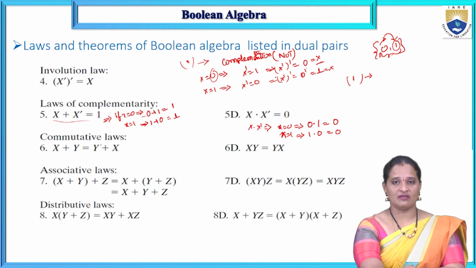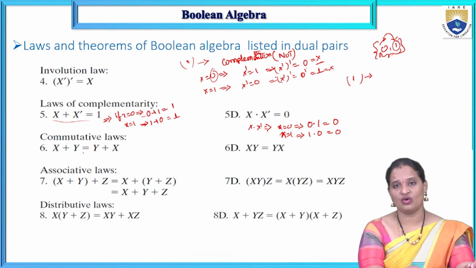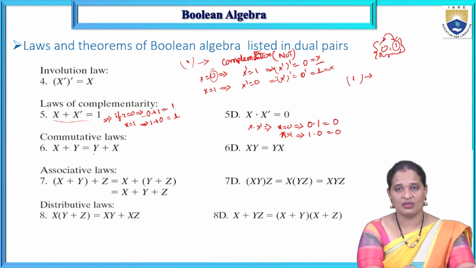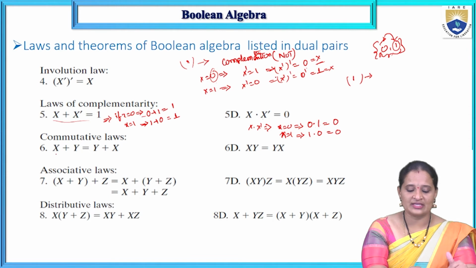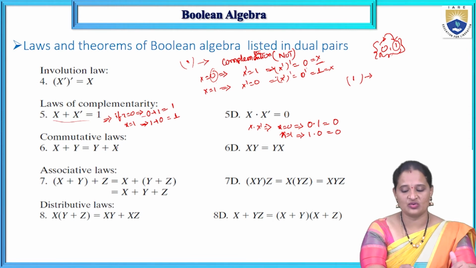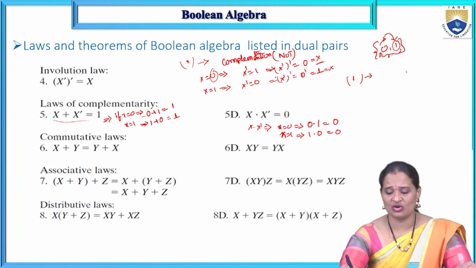Now the commutative law. This law is common in normal algebra also. That is x plus y is equal to y plus x. In normal algebra, we used to write a plus b is equal to b plus a, right?